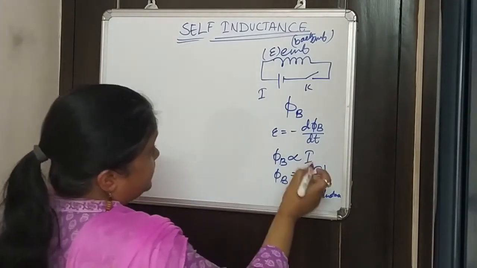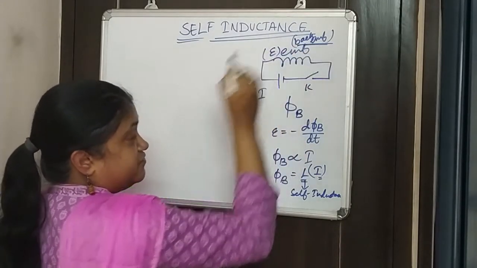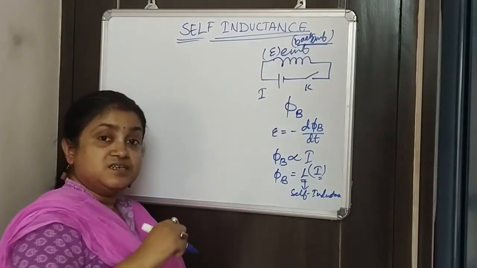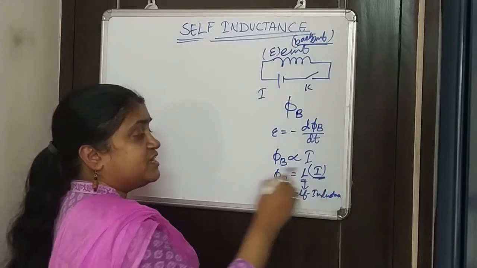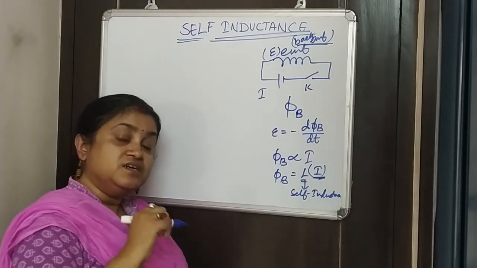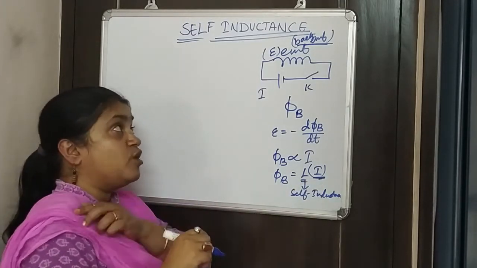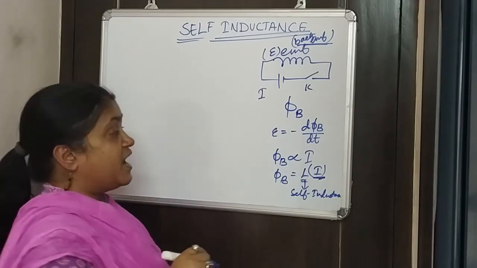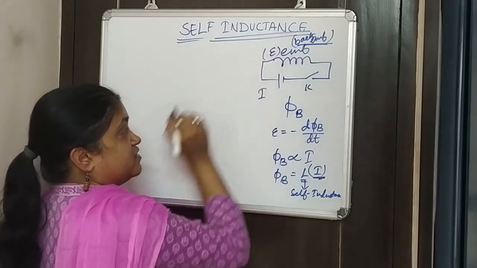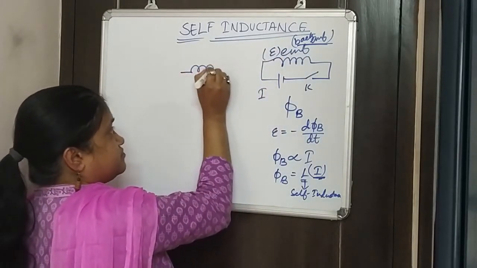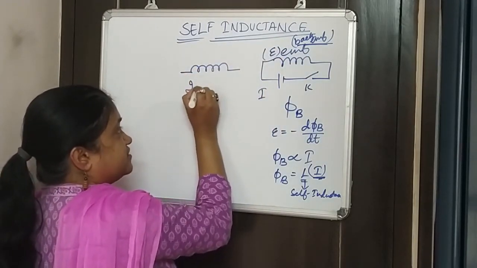It means that this back EMF of this particular circuit element is actually opposing any change of the current. So this property is used, and this particular element is what is called an inductor.